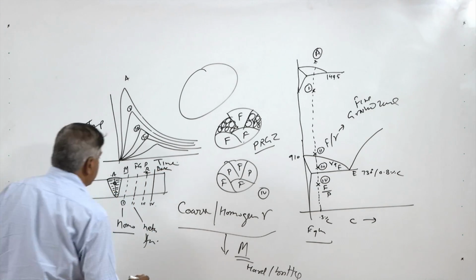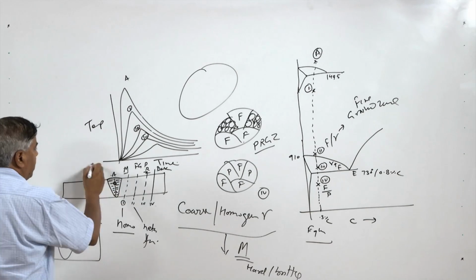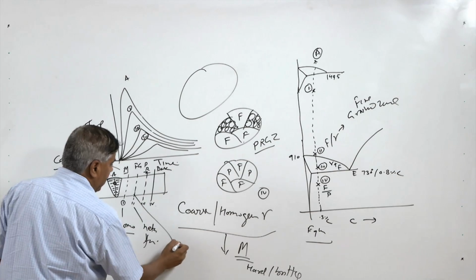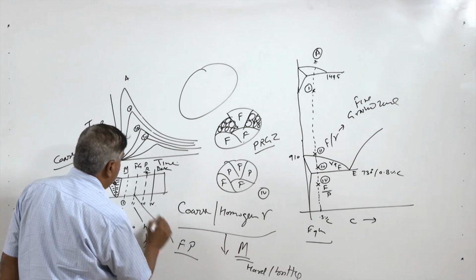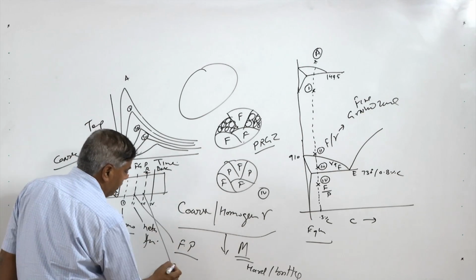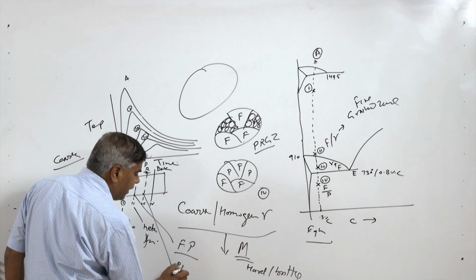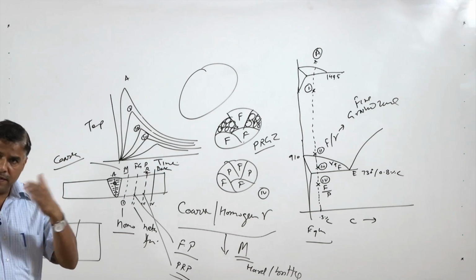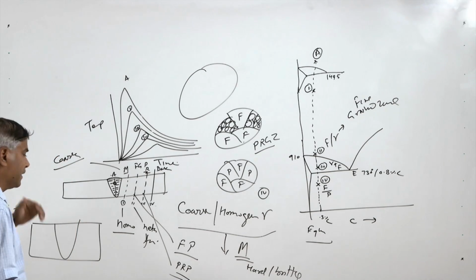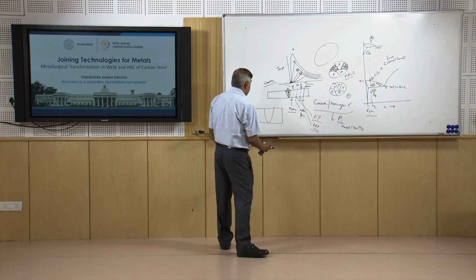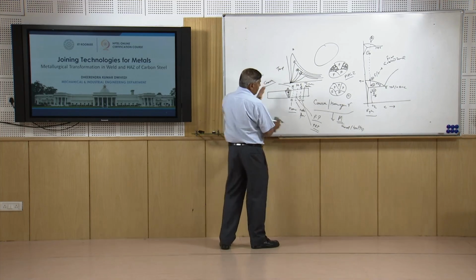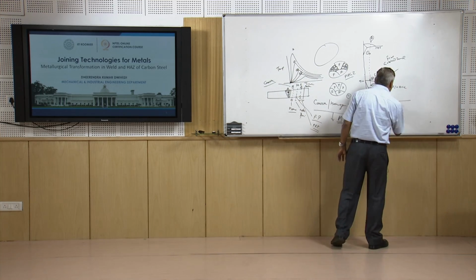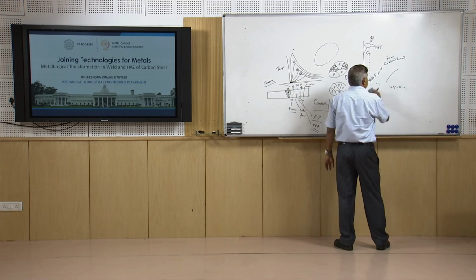We will see a continuous change in the structure: here coarse martensite, then the fine grain zone will have fine pearlite, and the partially refined zone will have partially refined pearlite. So there will be a continuous change in terms of the phases as well as the size of the grains. These are the typical structural transformations which occur in the case of low carbon steels.